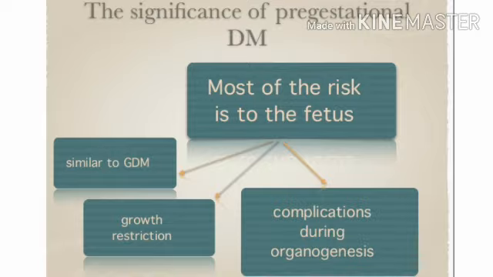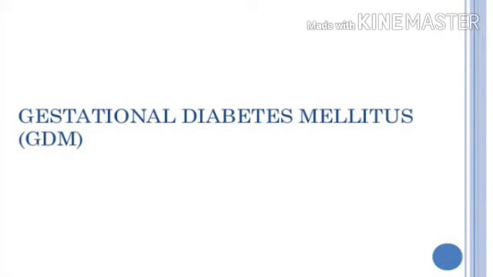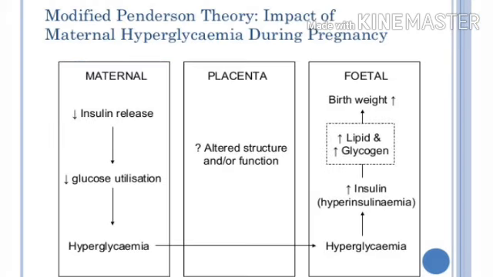Next, let us see more about gestational diabetes mellitus or GDM. As I said earlier, pregnancy is a state of insulin resistance. Therefore, during pregnancy, there is decreased glucose utilization due to insulin resistance that will lead to hyperglycemia. This hyperglycemia, or glucose, crosses the placenta and reaches the fetal blood, but insulin does not cross the placenta.